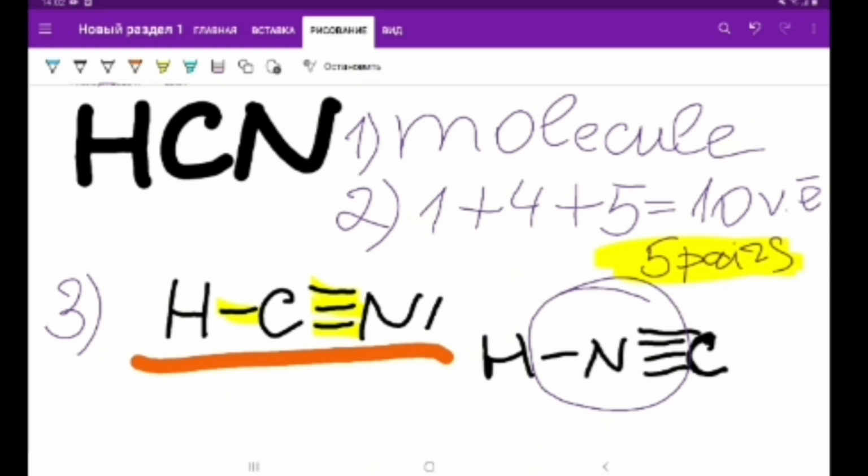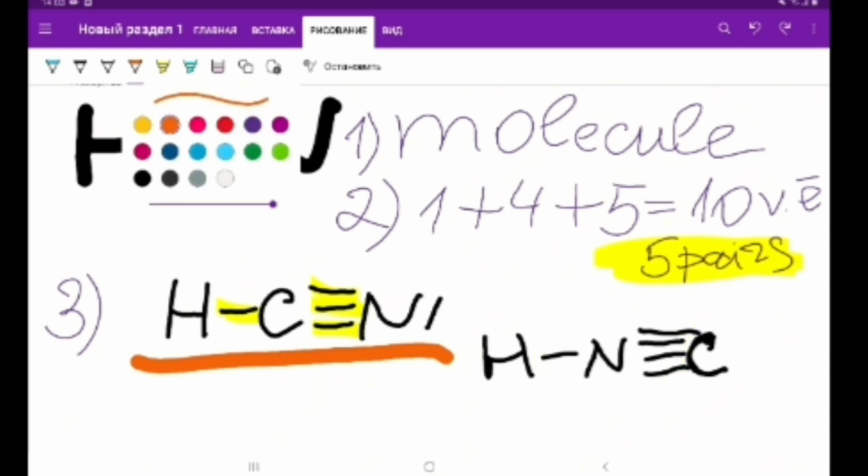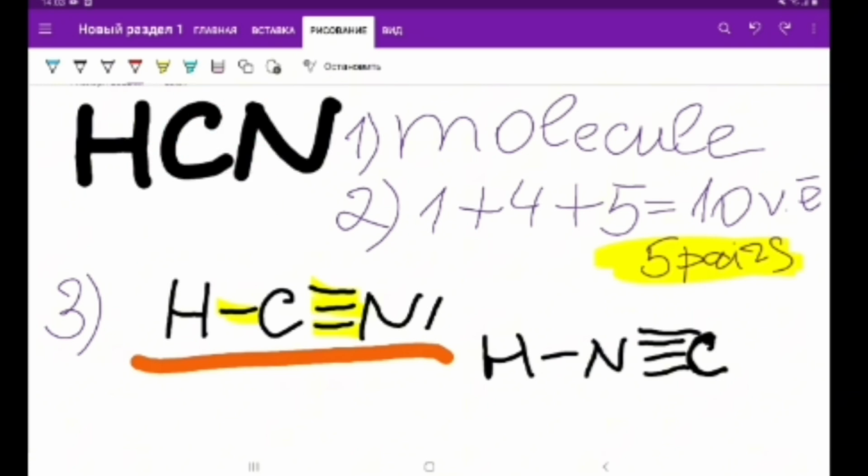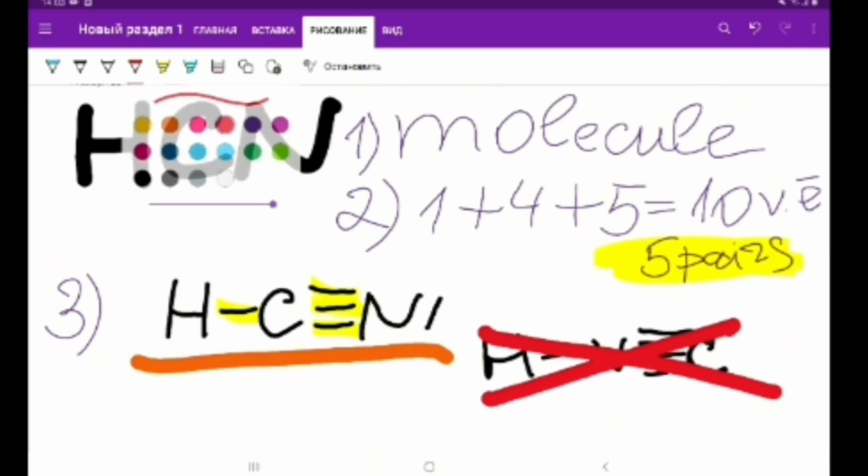Here we see that octet rule is violated. It cannot be. Moreover, in this case we get nitrogen with valence 5, and we know that nitrogen cannot have valence 5. So from this, we can conclude that this formula is not correct. This is the only correct one.